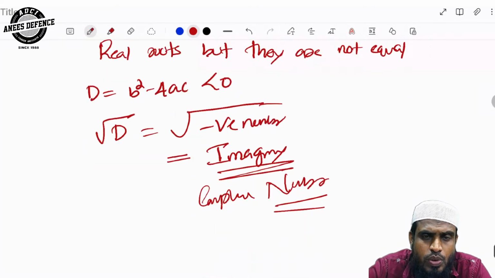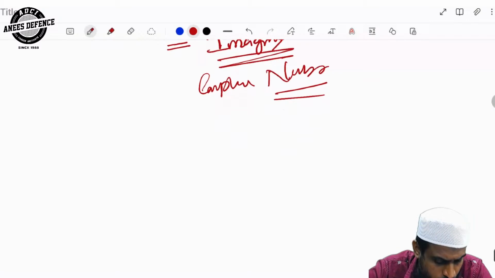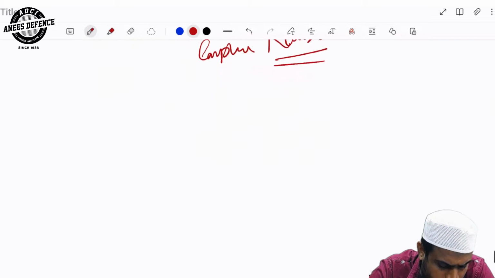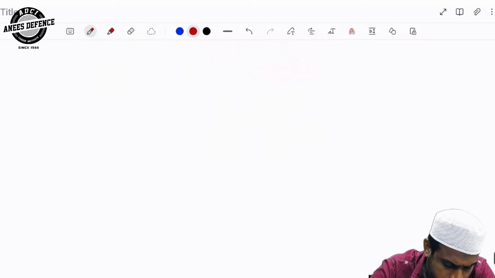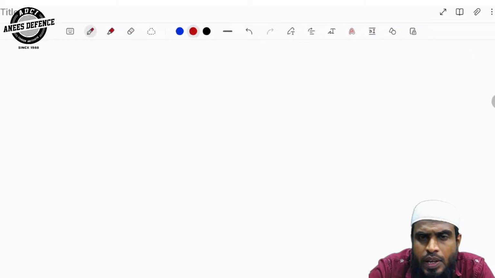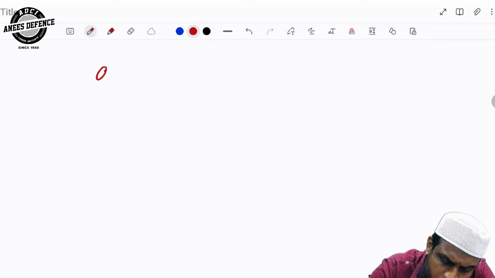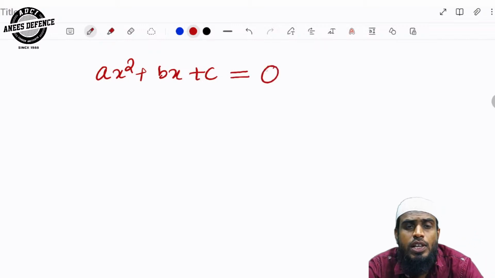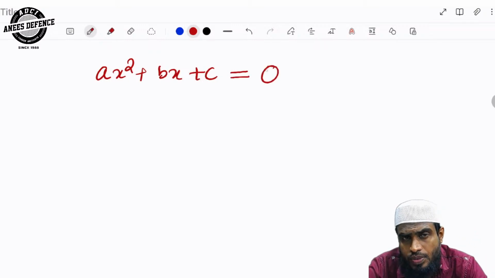So that is the basics you have studied in relation to the quadratic equation. Now, the fundamental theorem of algebra. A quadratic equation can be generally represented like this: ax square plus bx plus c equal to 0. That is the general equation of a quadratic equation.